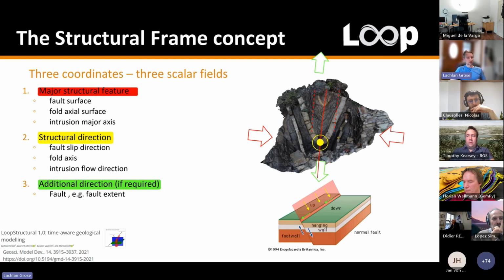So we're basically characterizing the distance to the fault surface being that major structural feature, the distance along the displacement vector, which is our fault slip direction, and then the extent, which could be the map view if we're looking at a fault with a vertical slip direction. So using the structural frame, we can actually parameterize our structural elements in the model.